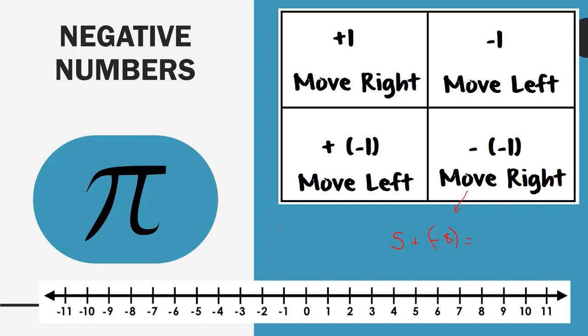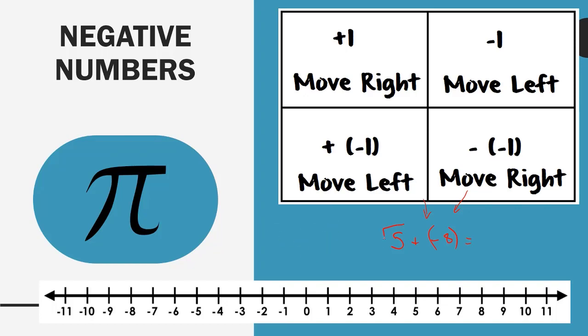Rather than having a question that looks like 5 plus -8, with a couple of operations sitting there, we put the negative numbers into brackets to make it a little bit clearer. It means exactly the same thing. There's no difference.